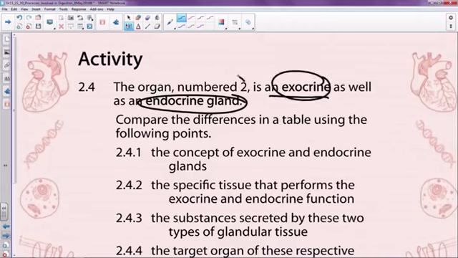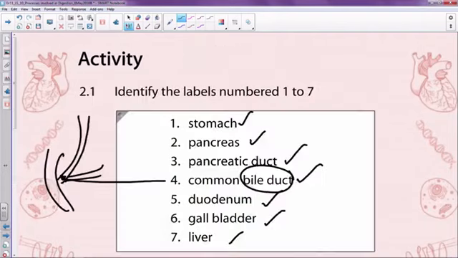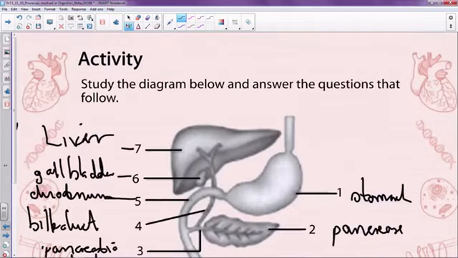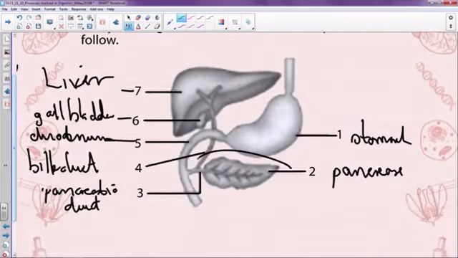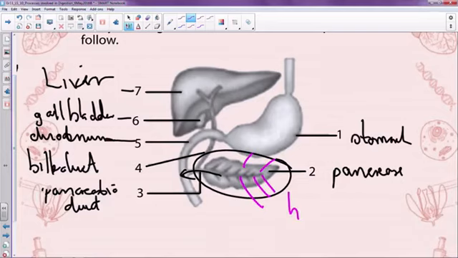So organ number 2 in this case is the pancreas, and that relates to that diagram that we were looking at before the break. I'm just going to very quickly flip back to that diagram so that we can recollect. So here's organ number 2, and that's the pancreas, slightly below the stomach, and it produces pancreatic juices which are released directly into the duodenum, but it also releases hormones, guys, and it produces hormones.